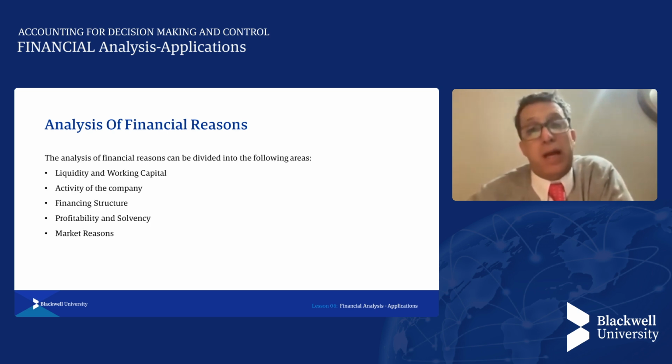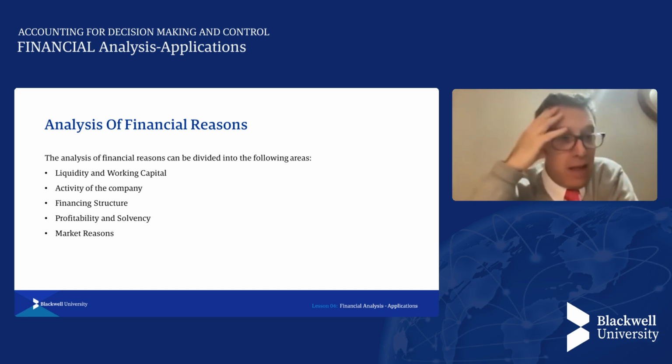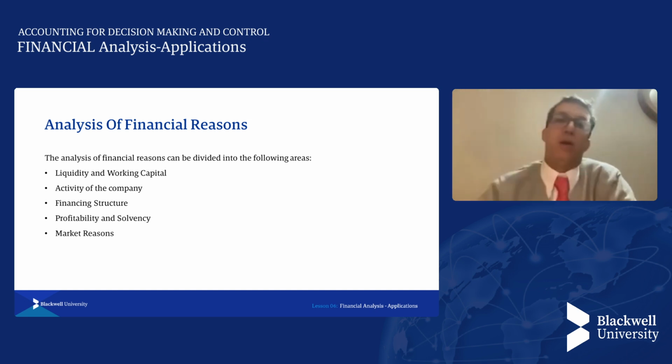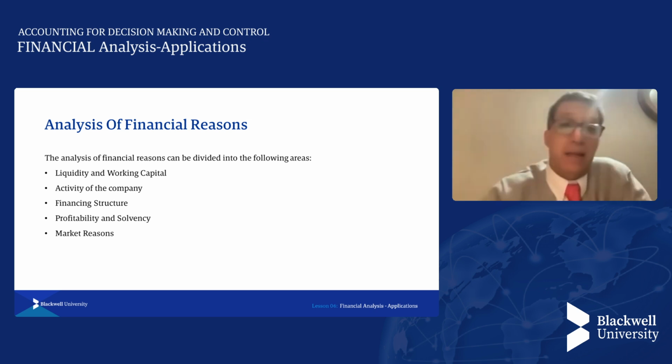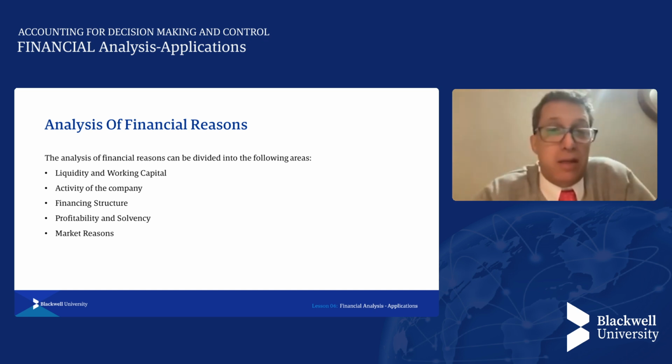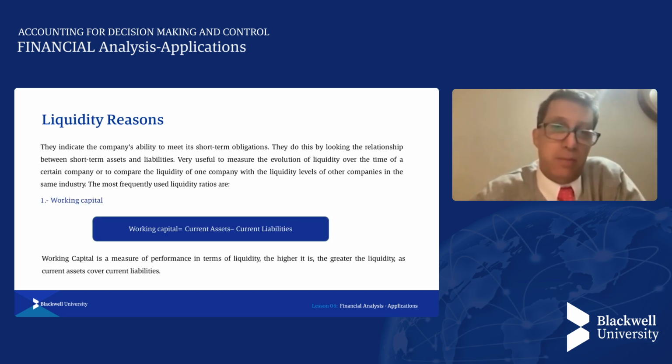Now, in general, the analysis of financial ratios tends to be segmented or divided into different areas. For example, the area of liquidity and working capital, everything related to activity, indicators of the company's activity, the area of debt and financing structure, everything related to profitability and solvency, and finally, when it comes to companies that trade their stock on the market, market ratios. We will comment on them.